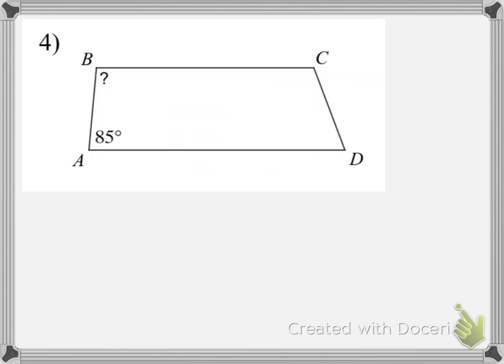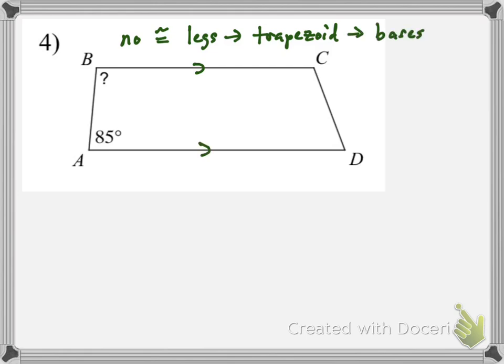Okay, now, here's the difference. There's no congruent legs, so this is just a regular plain old trapezoid. But in a trapezoid, the bases are parallel. That's what the arrows mean.